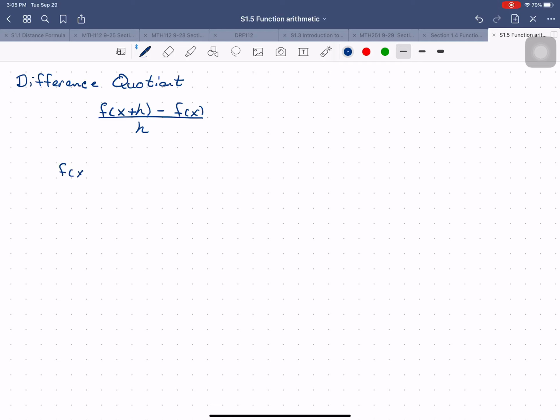Let's suppose f of x is equal to x squared minus x minus 2. And I'm asked to find f of x plus h minus f of x all over h. All right, so I want to remind you what we do with f of x plus h.